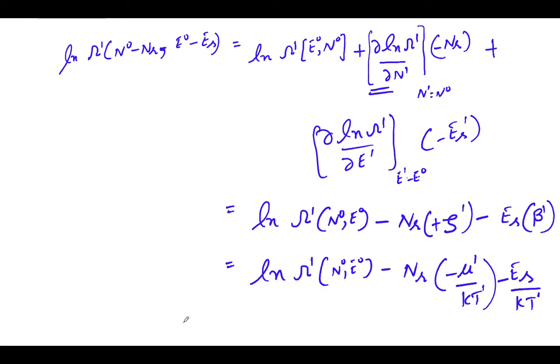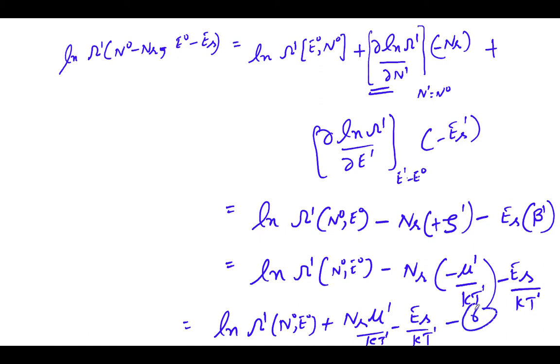So this equation comes out to be log Ω' plus Nr μ'/kT' minus Es/kT'. Let us say this is equation number 6. Here μ' and T' are the chemical potential and the temperature of the heat reservoir.